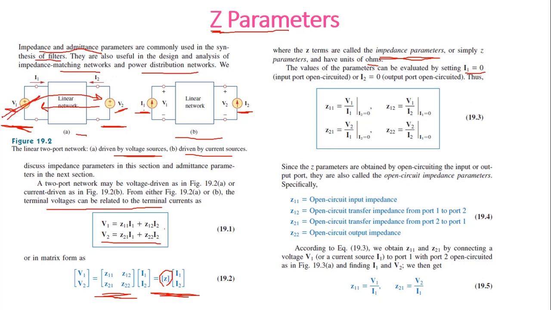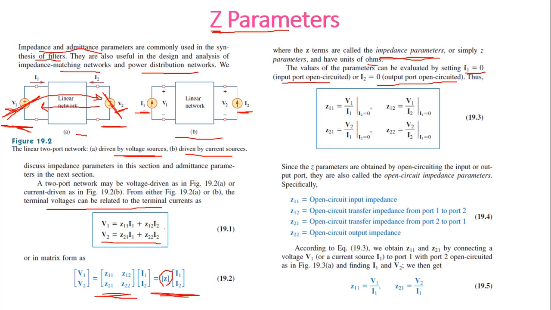It means we are disconnecting the source, so the input port is open circuited. Or we can disconnect the V2 source keeping the V1 source. Again we are open circuiting this terminal, so the output port is open circuited.